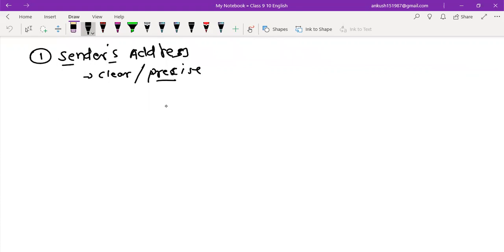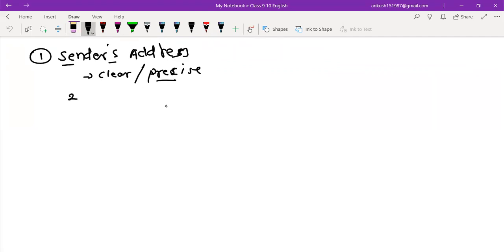Like Hyderabad, only you have to write the address over there. Okay, the name would be written at the end of the letter. That is why it is the sender's address. Don't write the name which is given in the question in the very beginning. That would not be an appropriate way of writing the sender's address in a letter.